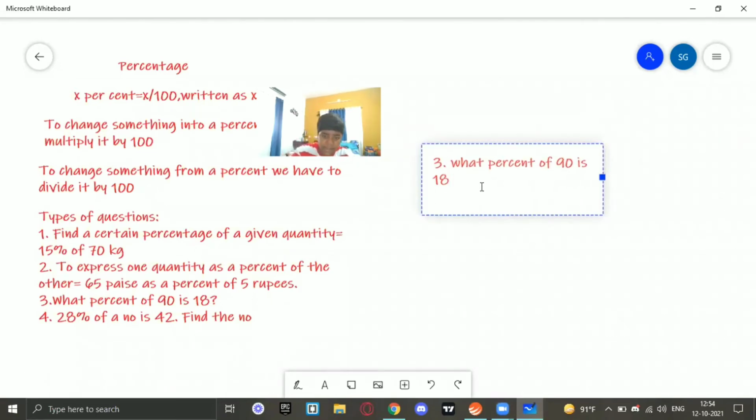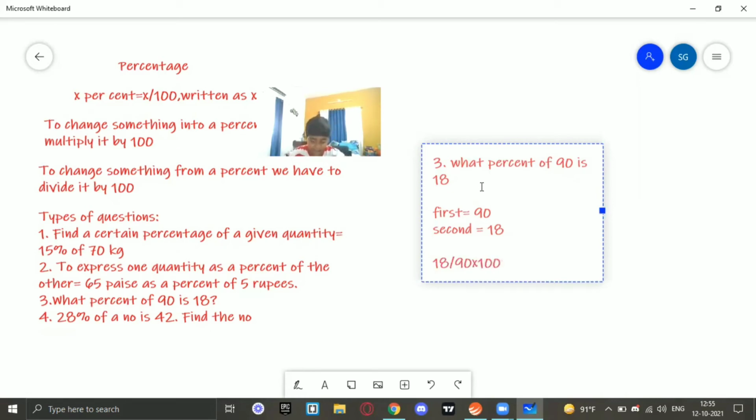So the first quantity will be 90, and the second quantity will be 18, so it will be second quantity upon first quantity into 100. According to the question, 18 upon 90 times 100.